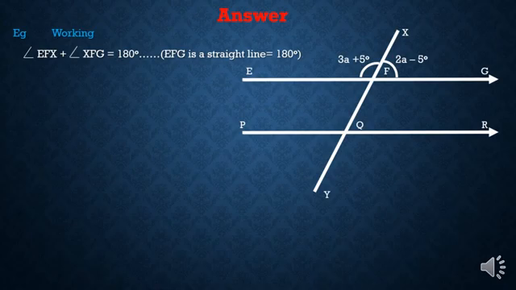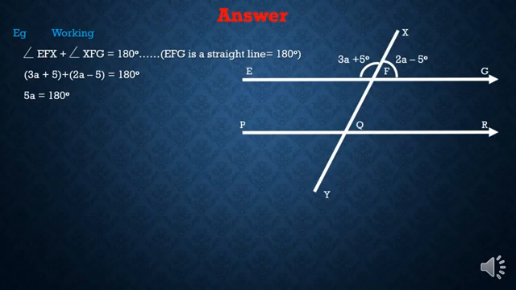So we substitute the angles and we write 3a plus 5 plus 2a minus 5 is equal to 180 degrees. When we add 3a and 2a, we get 5a. Plus 5 and minus 5 will cancel.